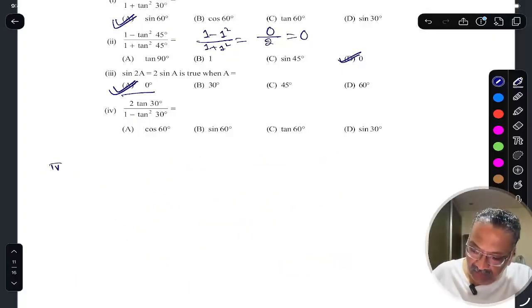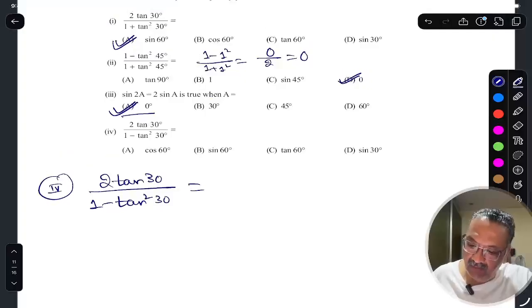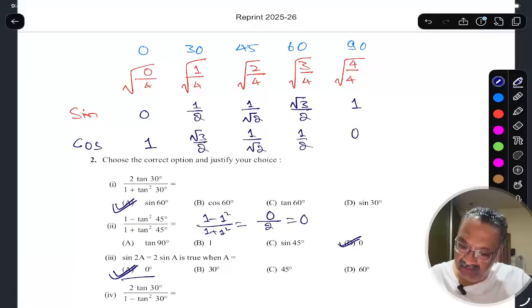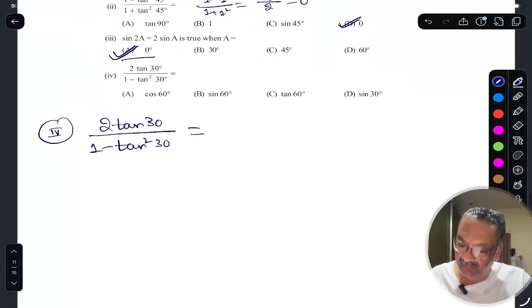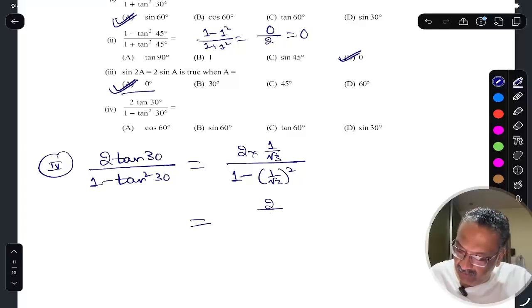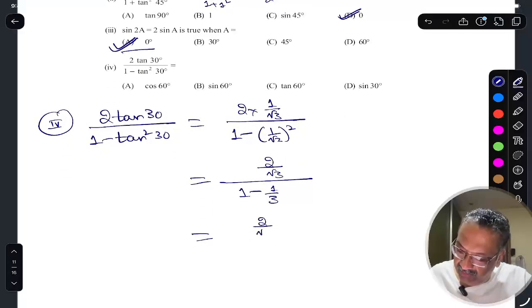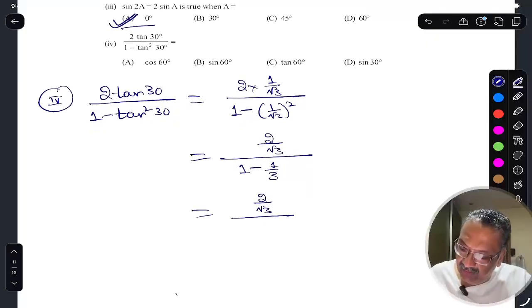The fourth one, they're asking us to check for 2 tan 30 divided by 1 minus tan square 30. What is the value of tan 30? Tan 30 is this divided by this, which is equal to 1 by root 3. So 2 into 1 by root 3 divided by 1 minus 1 by root 3 whole square is equals to 2 divided by root 3 divided by 1 minus 1 by 3, which is 2 by 3.